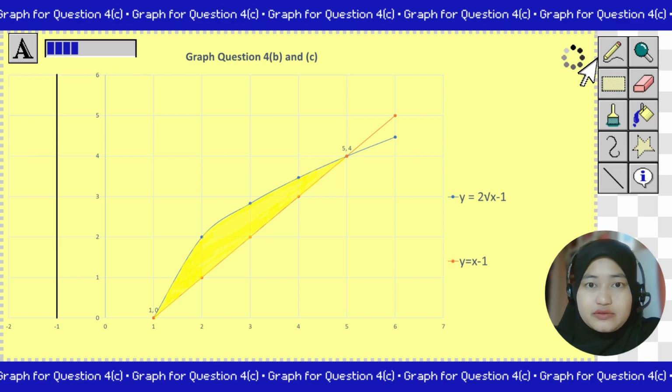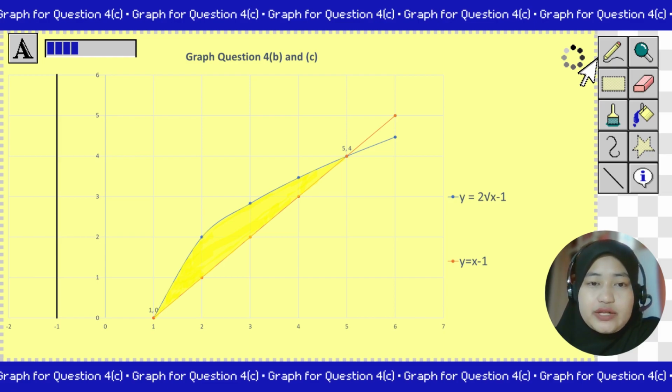Okay, based on this graph, we can see that the shell height can be seen from top to bottom of the graph. Therefore, we use the upper curve y equals 2 square root x minus 1 minus the curve y equals x minus 1.